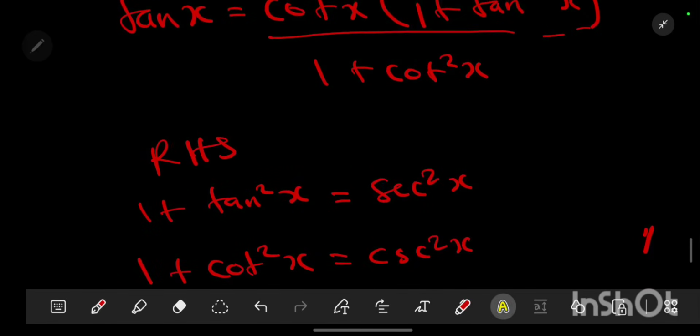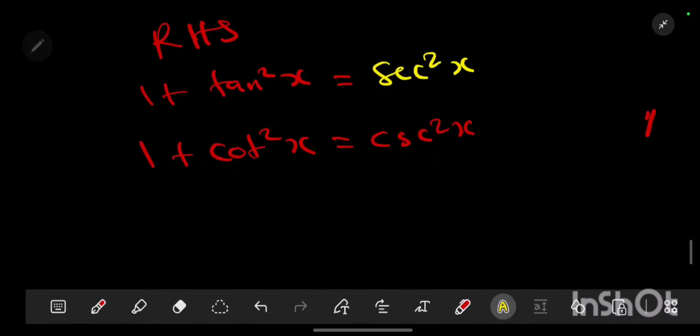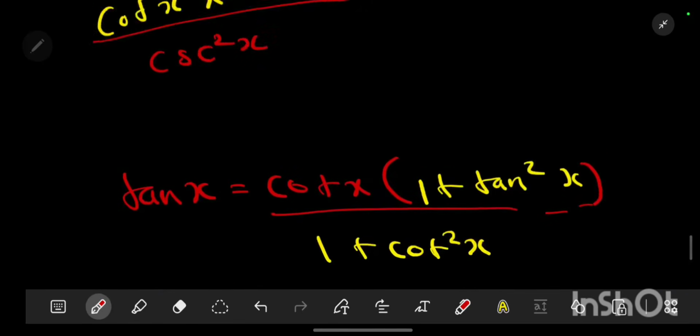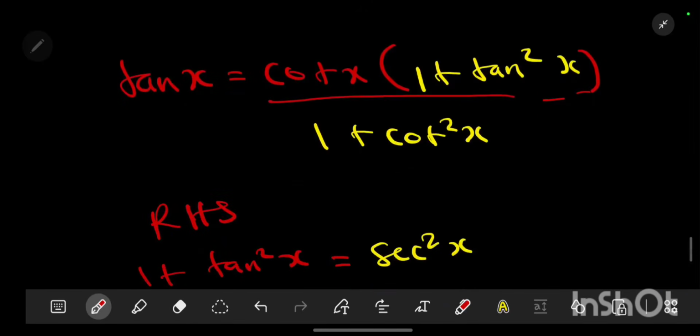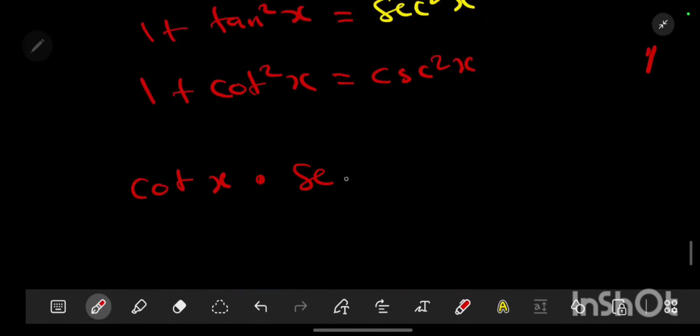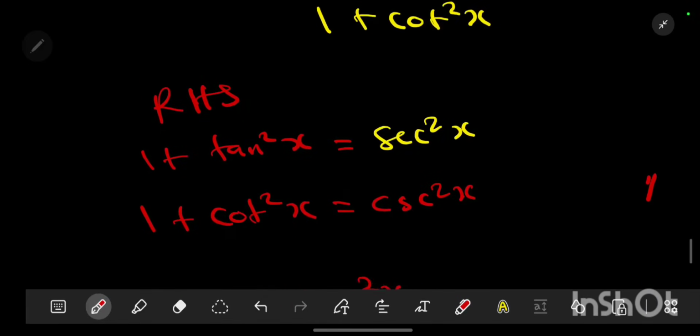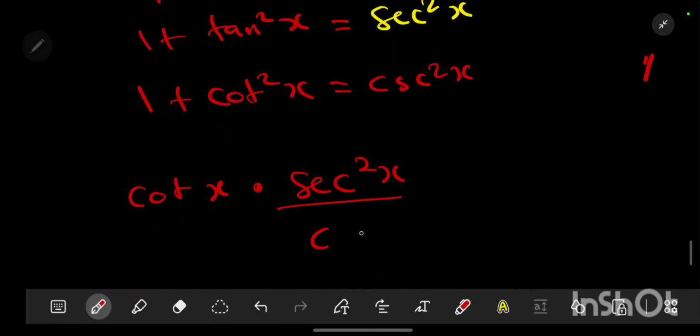So wherever we see this, we are going to put cosec. Whenever we see this, we are going to put a sec, like that. So this gives us cot of x by 1 plus tan squared of x, and 1 plus tan squared of x is equal to sec squared x, over 1 plus cot squared of x, which is equal to cosec squared of x.